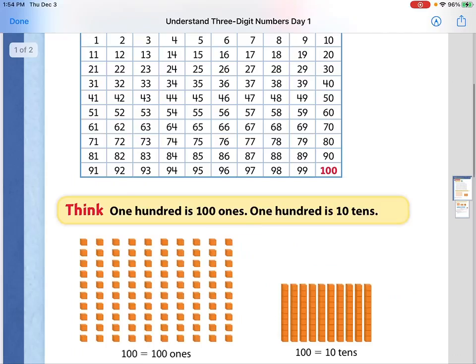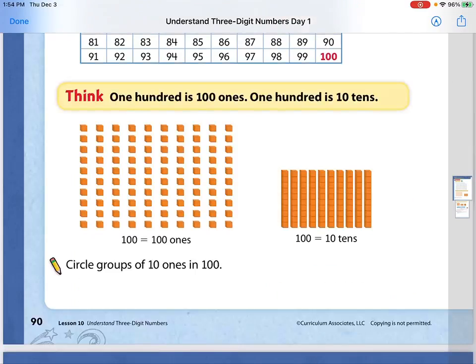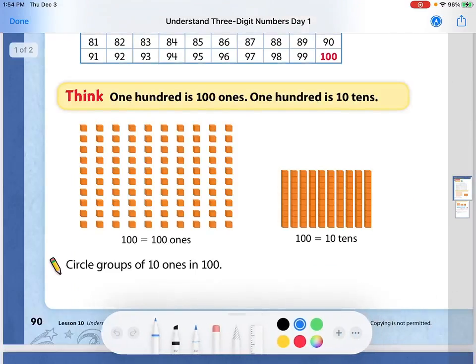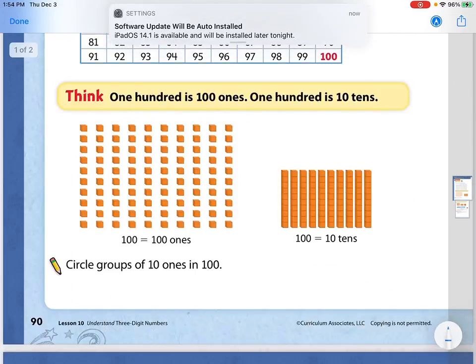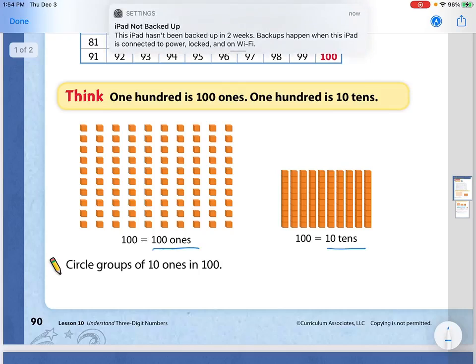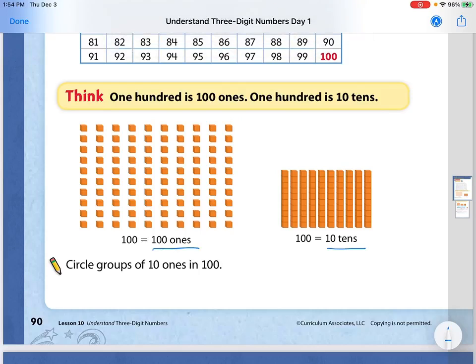We could stick them all together into groups of tens, and here we go. And we could have 10 tens. So we've got 100 ones, or we could have 10 tens. All right, this at the bottom of this page is the only thing on this page that you'll have to do with your pencil.